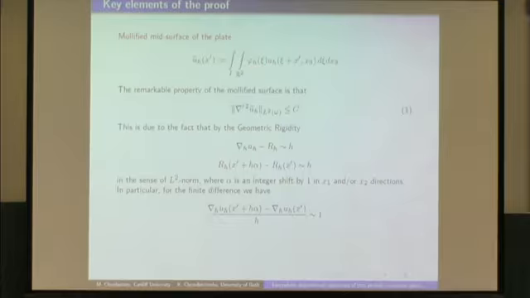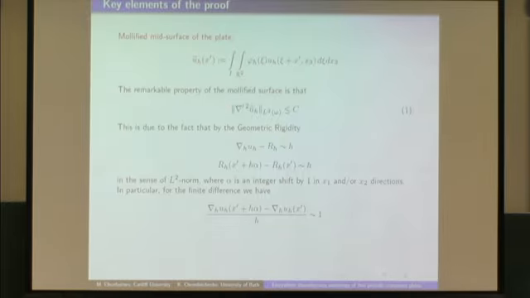So basically, this mid-surface is modified on scales much smaller than the periodicity of the structure. In this way, we make sure that we keep the information about the oscillations related to the epsilon scale of the deformation in this mollifier as well.